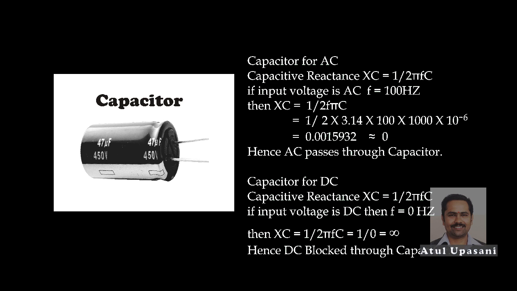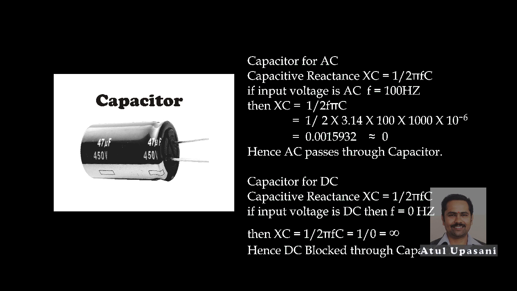This value is near about 0. So we can consider that the reactance of the capacitor at 100 Hz is near 0. Hence, the opposition by the capacitor to AC current is near 0, so the AC can easily pass through the capacitor.